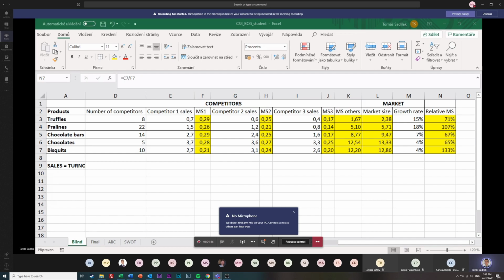Because I'm not sure I understand your question. Yes, but we just need to know what the market share of others is. Yeah, so out of our company, the total market size without our company, without market size 1, 2, and 3. So therefore this calculation.